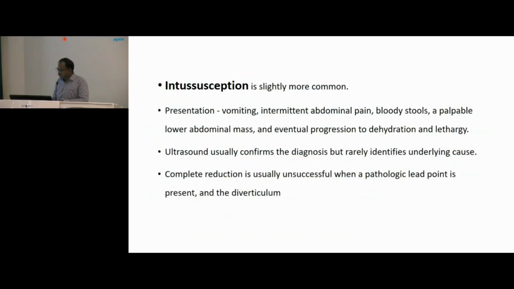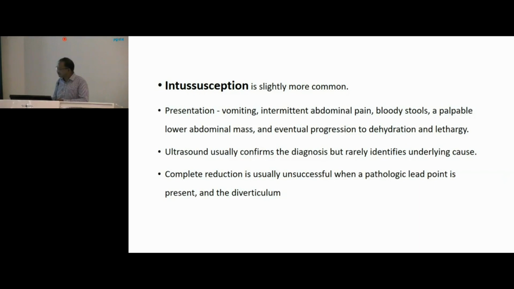So intussusception, as I have discussed, is slightly more common among the presentations. Presentation is like normal obstruction features with dehydration, lethargy, and a lower abdominal mass, and red currant jelly blood in stools can be seen. Ultrasound usually confirms the target sign, but it rarely identifies the Meckel's diverticulum as the pathology.